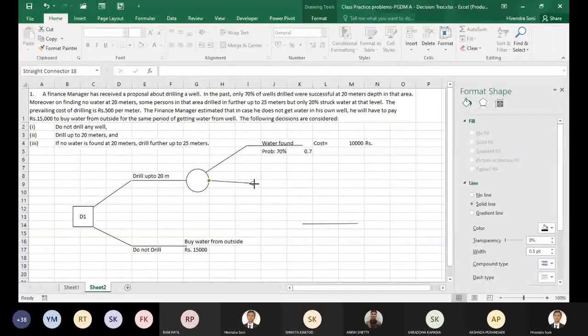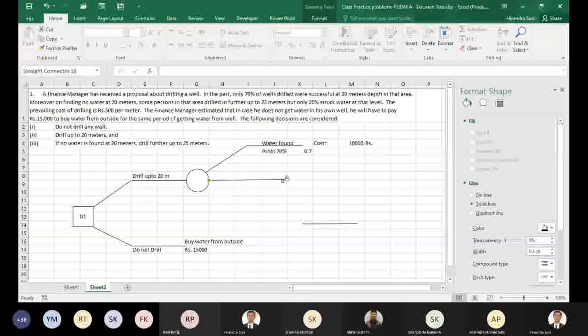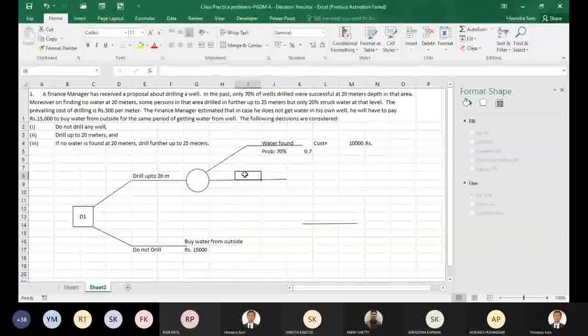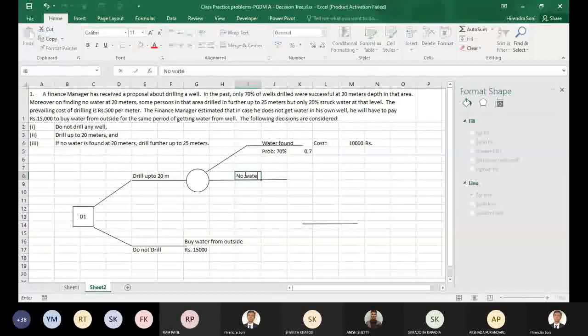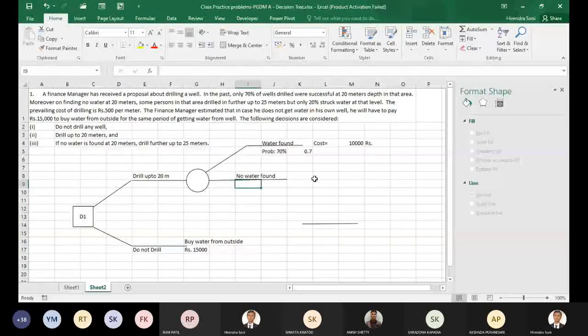found. So my another decision point will come at this juncture. Now my decision point would be, what would be my decision point?